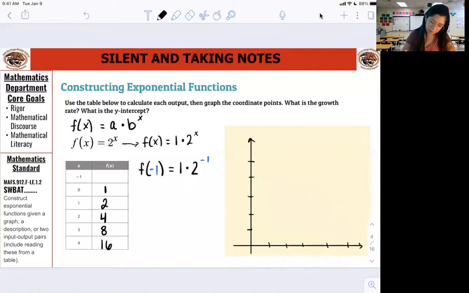Very good. It goes to the denominator. So we end up with 1 times 1/2, and 1 times 1/2 is just 1/2. So I'm going to write this as 0.5. Any questions on how I got any of those values?